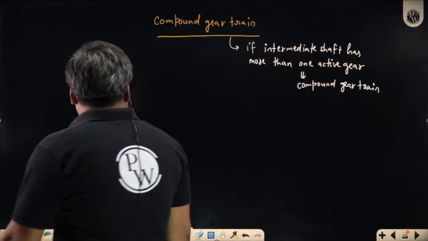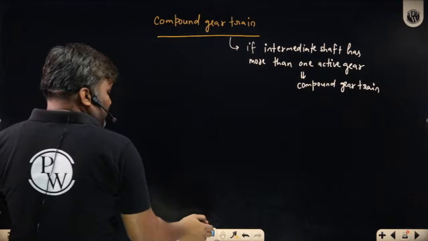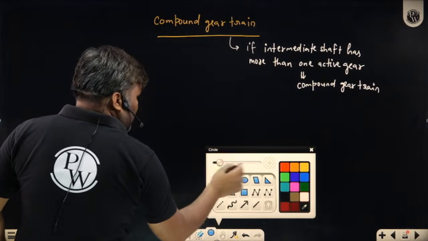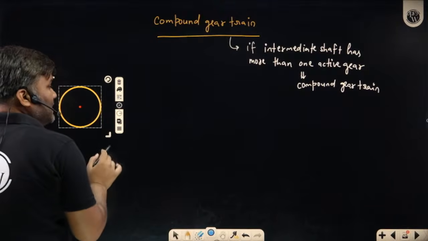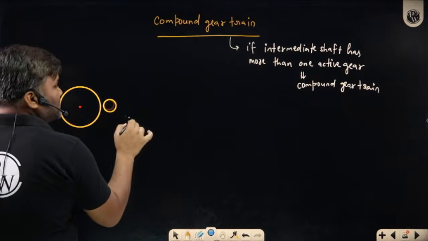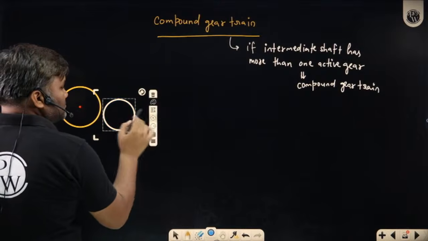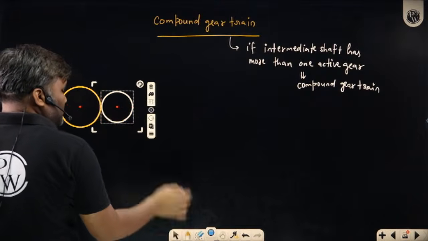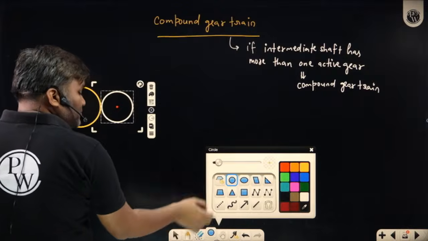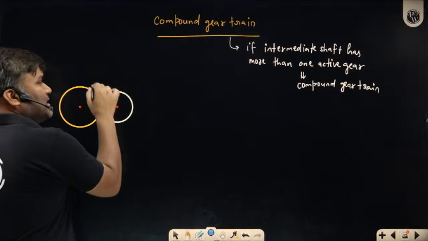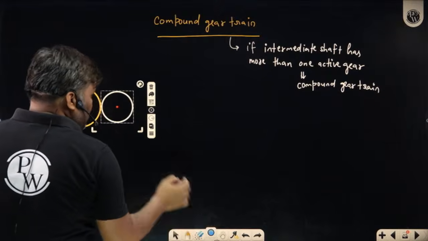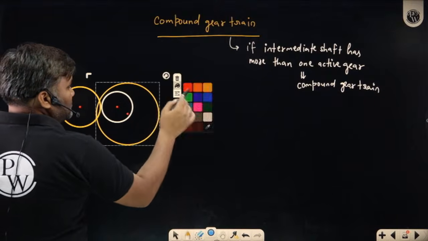Careful. How does it look? It looks something like this. Sir, this is my input gear, gear number 1. It is driving some gear, gear number 2. Now gear 2 is rotating on some shaft. On the same shaft at the back side, I have another gear.